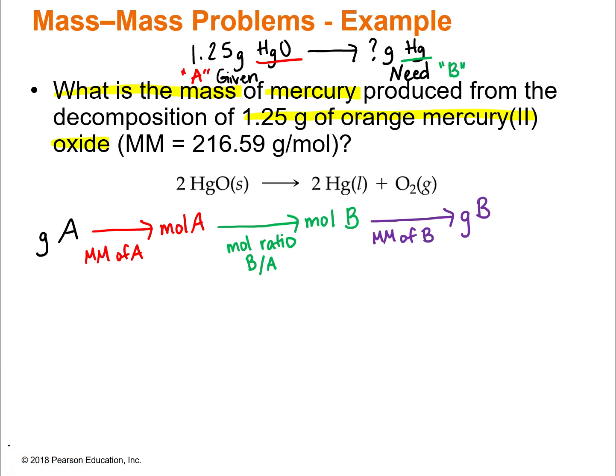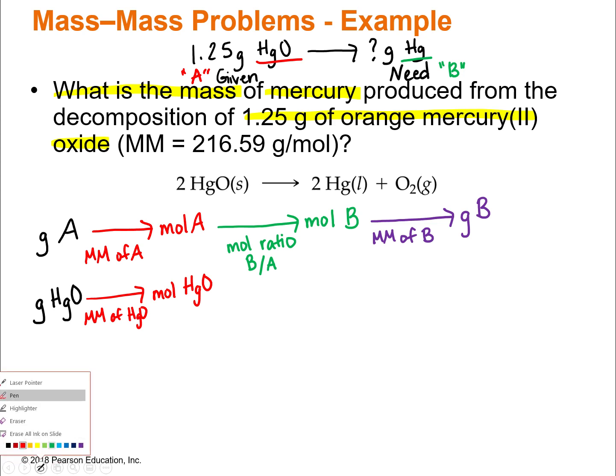So to rewrite our plan, we're going from grams of mercury 2 oxide to moles. And we need the molar mass of mercury 2 oxide to do that. We go from there to moles of mercury.